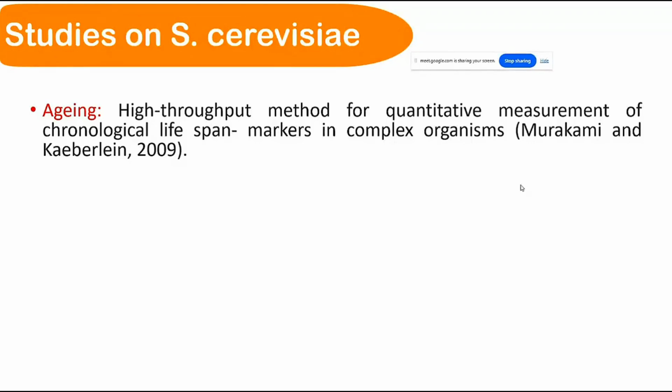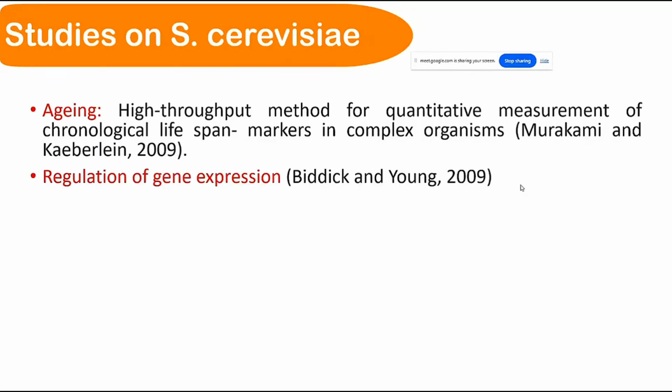That is called a high throughput method for quantitative measurement of chronological lifespan. So Murakami and Kebelin in 2009 have identified some markers which are common in Saccharomyces cerevisiae and complex organisms like vertebrates also. So aging can further be correlated from Saccharomyces to vertebrates and especially human beings.